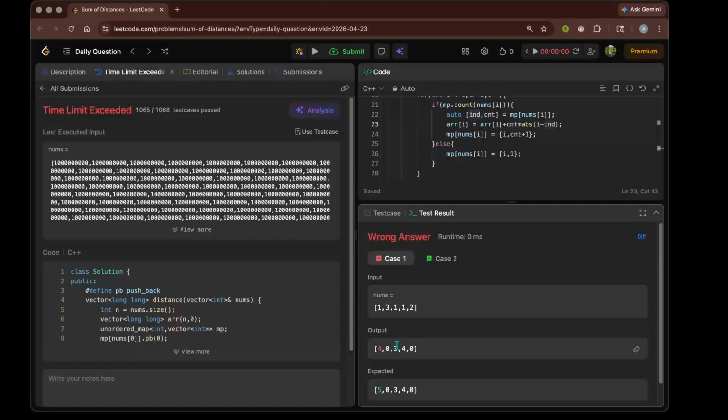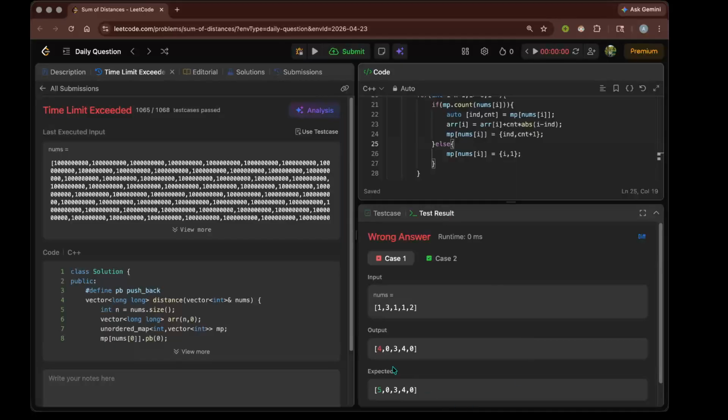I think we should store the previous index only. The one that was found first, what was that?